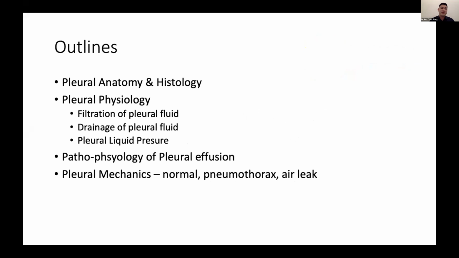I will also talk a little bit on the pathophysiology of pleural effusion formation. At the end of the presentation, I will touch on pleural mechanics in a normal spontaneously breathing patient, as well as the patient with stable pneumothorax and active air leak.